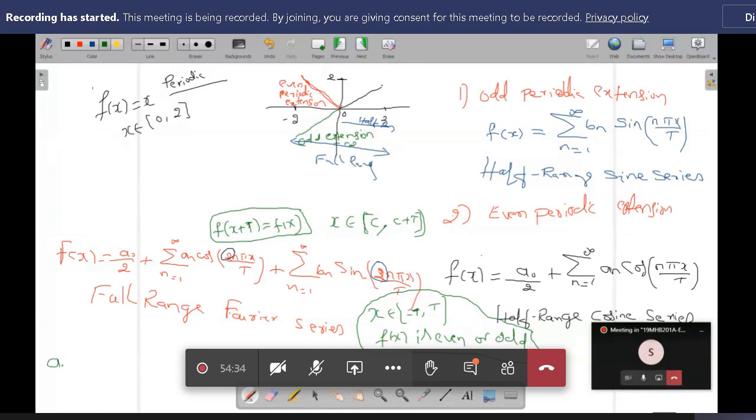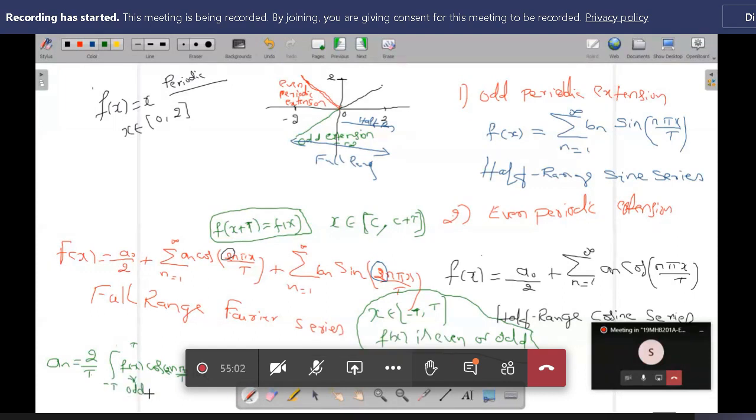In the full range it is 2 by T, integration from c to c plus T, f of x into cos of 2n pi x by T dx. Now the interval of x is minus T to plus T, and say our function f of x is odd.